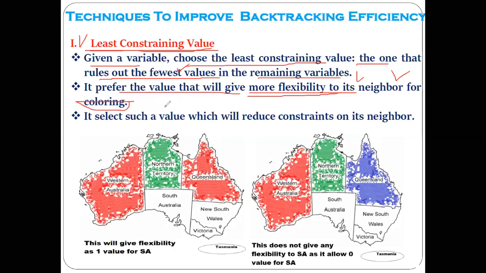The meaning of this is we are trying to reduce the constraints on the neighbor. This technique is related with selecting such a color as a value, because of which there will be a reduction in the constraints on its neighbors, in the sense neighbors of a particular variable.